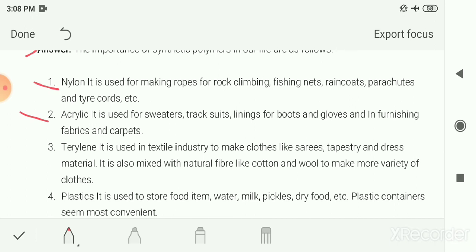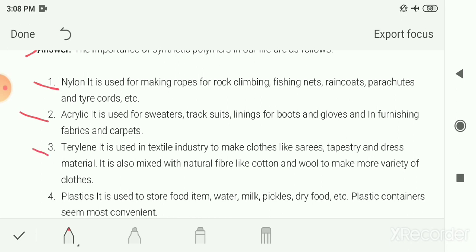Furnishing fabric means a fabric used to cover furniture, like the curtain. So acrylic is used to make this kind of furnishing fabric, that means curtains. So this is the use of acrylic.